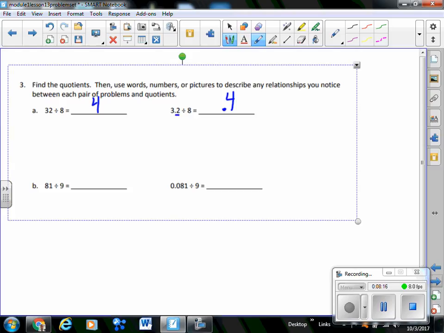Next one, 81 divided by 9 is 9. And in this one, we're going to the tenths, the hundredths, the thousandths. So 9 goes into 81 9 times, but it needs to be in the tenths, the hundredths, the thousandths.